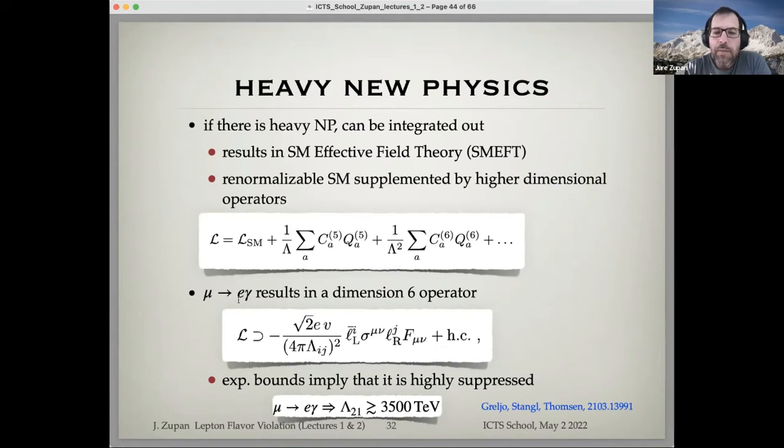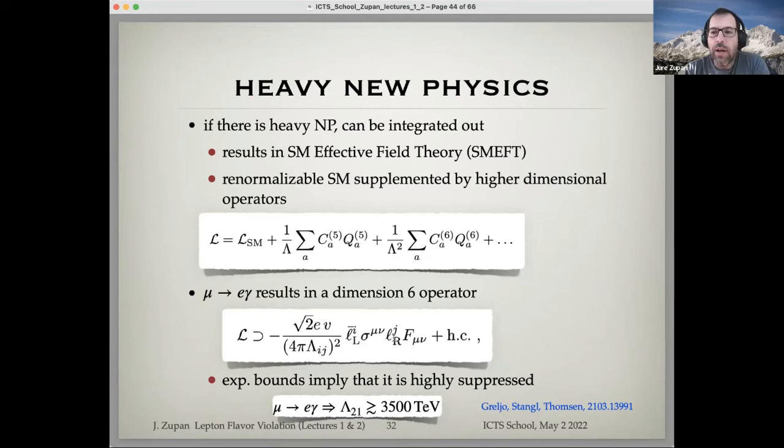So mu to E gamma, in this description, is going to be due to a dimension 6 operator that has the following form. I already wrote it down in the electroweak broken phase, where the Higgs was already set to its vacuum expectation value, V.